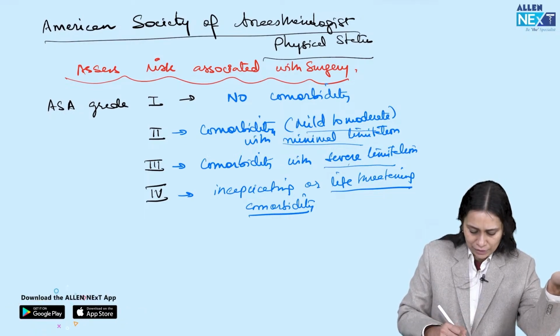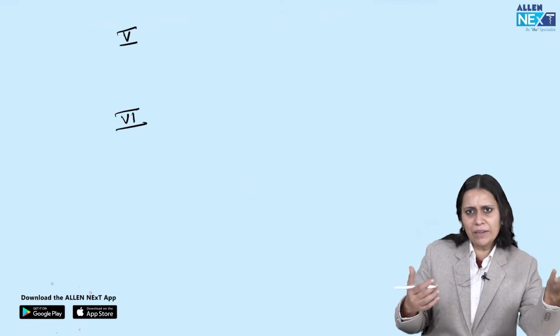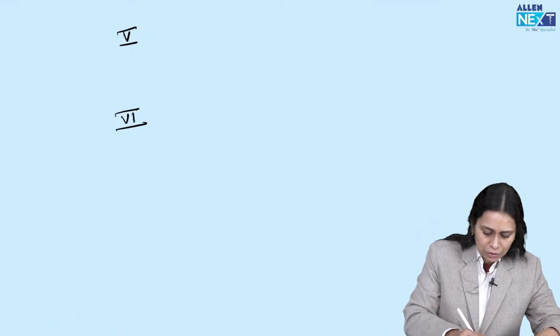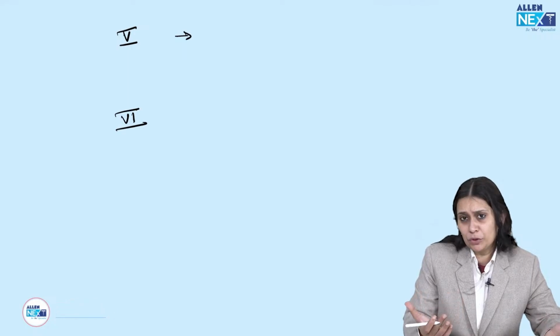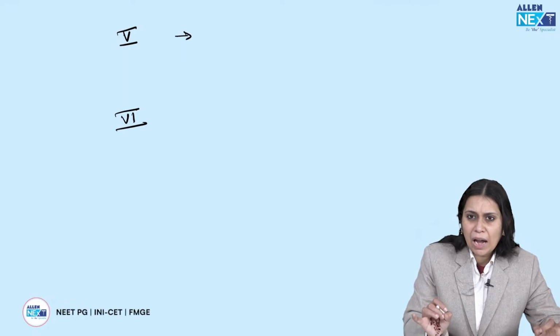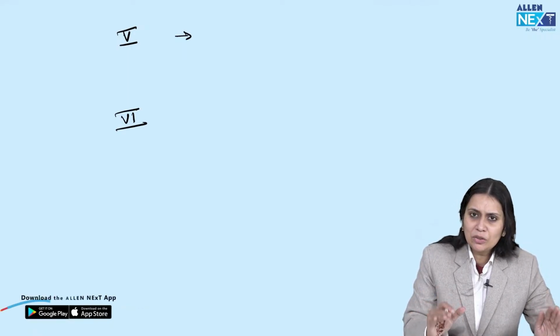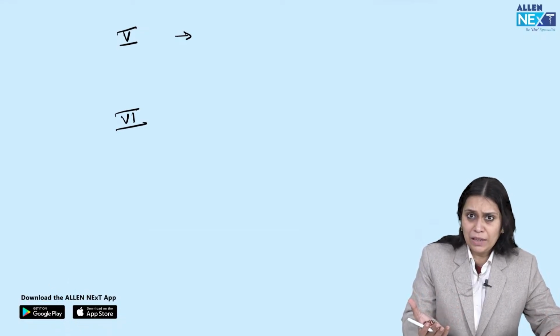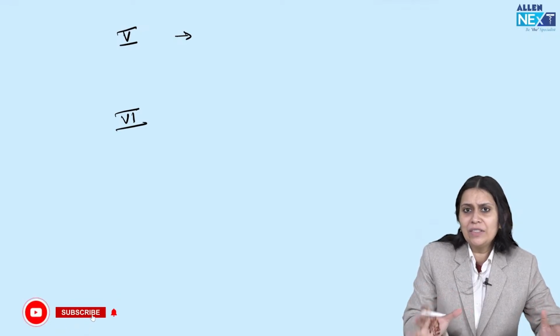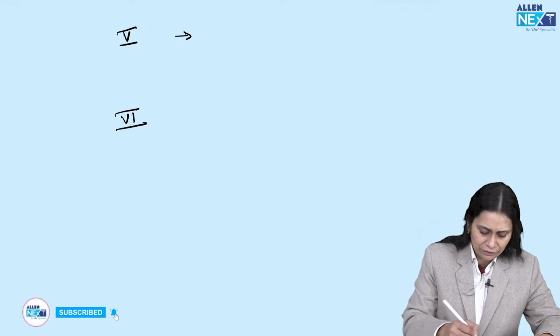Okay, I hope you got it. 1 to 4 is different, 5 is different. 5 is where surgery is the only option for survival. The patient will die if not operated. Risk of death is there with surgery also, a high risk of death, but whatever chance he has is if the surgery is done. So that's ASA grade 5.